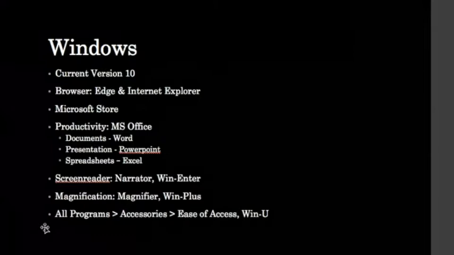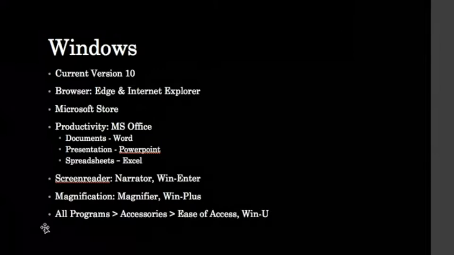Now let's talk about who has what. Windows. The current version of Windows is Windows 10. The browsers are Edge and Internet Explorer. I don't know, has Edge gotten more accessible? I've heard it's getting better, but I don't buy it until I see it and hear it. Thank you, Trish. Microsoft Store is the store for buying things.